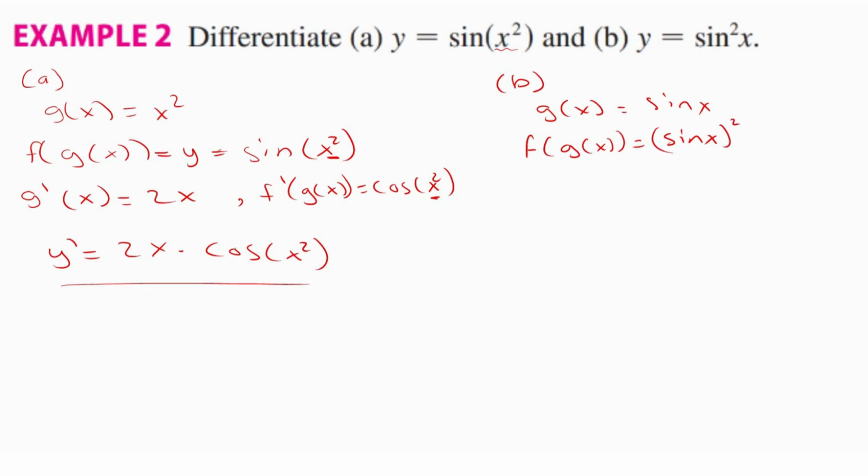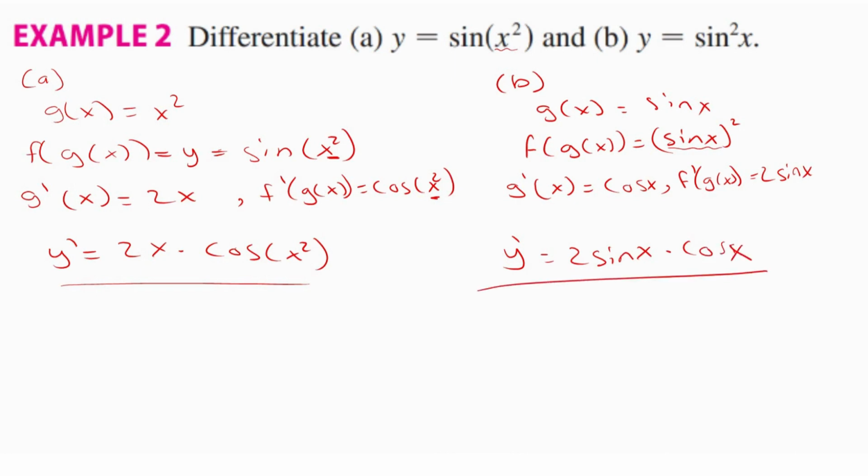So because f is at g of x, to start with, we should differentiate g. It will be cosine of x, and we know that f prime at g of x is going to be 2 sine of x. Now to find the derivative of y, we just have to multiply them, and we will get 2 sine of x multiplied by cosine of x. And this is our answer.